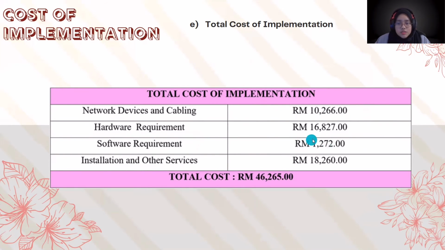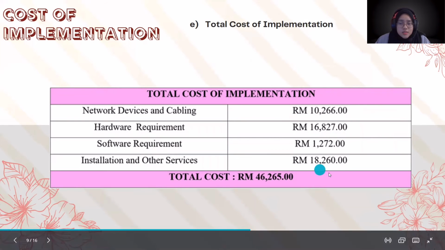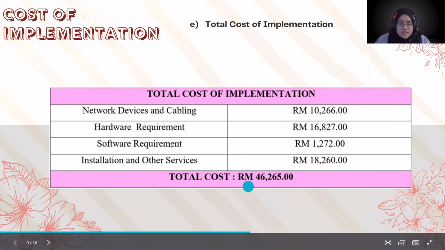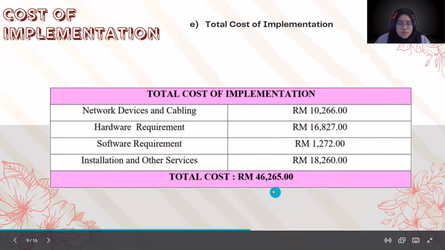The hardware requirement costs us 16,827 ringgit, which includes 3 units of server. The software requirement costs us 1,272 ringgit. And lastly, installation and other services cost us 18,260 ringgit. The total cost is 46,265 ringgit.